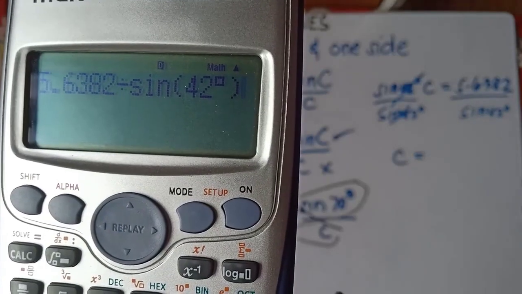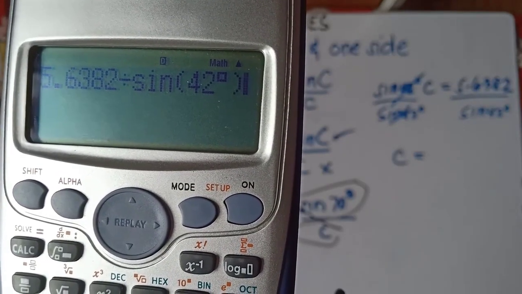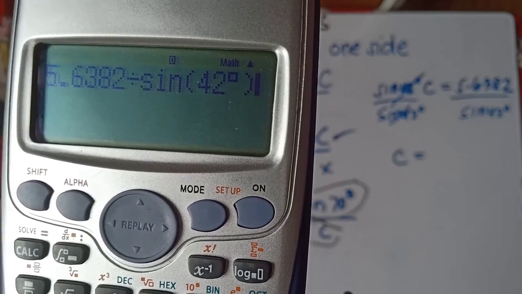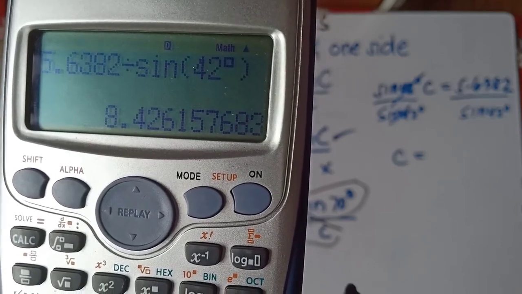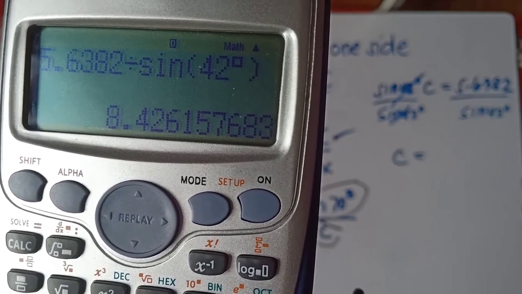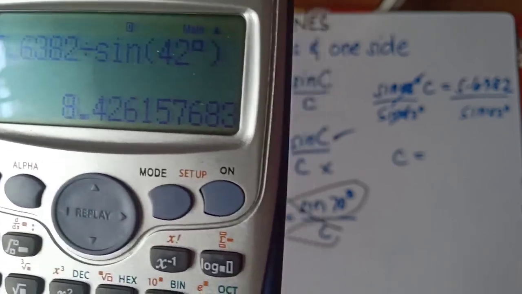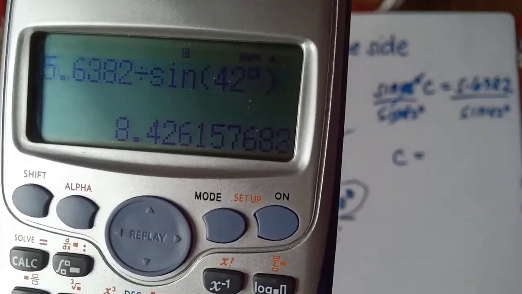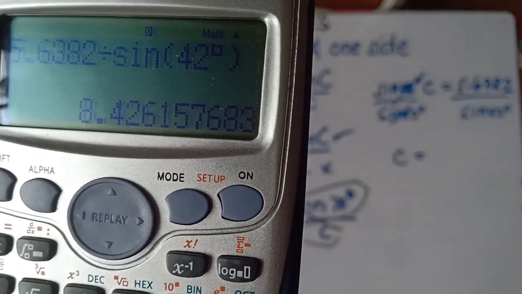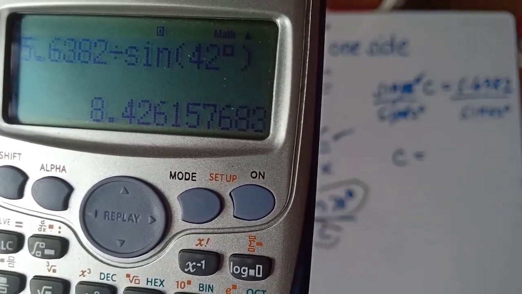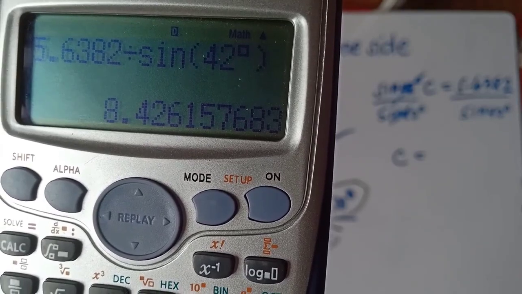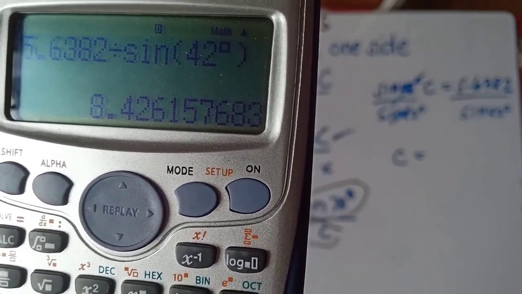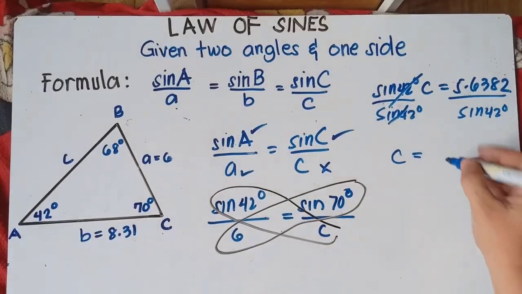Alright, so I hope you see that one. 5.6382 divided by sine 42 degrees, and you will get 8.426. Since this is our final answer, you round off to the nearest hundredth. So 8.42. Next one is 6. So 8.43. Sorry, 8.43.